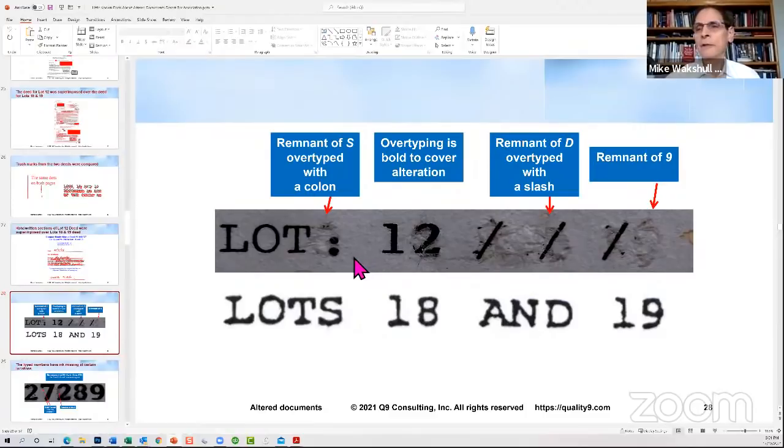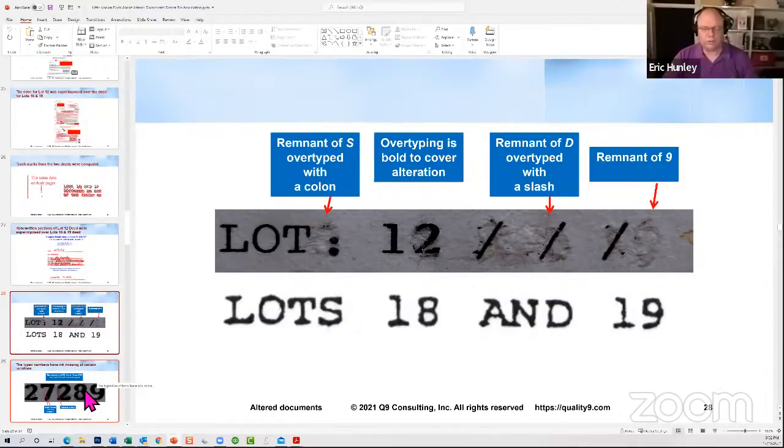So what they did is they made a photocopy of the lots 18 and 19 uncontested deed, took a sharp instrument and scraped off the toner, then took a typewriter and typed in the rest. And the reason you're missing toner on some of these, for example on the 2 and up here on this slash, is because the paper was disturbed, and because the paper was disturbed, some of the ink didn't attach to the page.